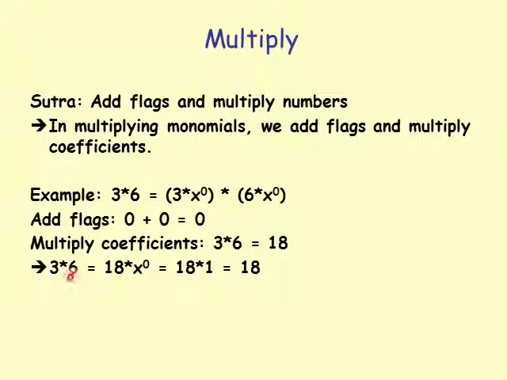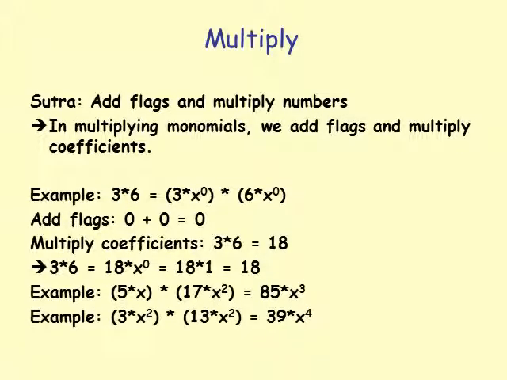So 3 times 6 is 18 times the 0th power of x, which is 18 times 1 equals 18. So we can use algebra and go into the 0th power of x, and we still come back with 3 times 6 is 18. You can consider this to be an algebraic expression, and this is also an algebraic expression when there are no variables involved. It's just all constants.